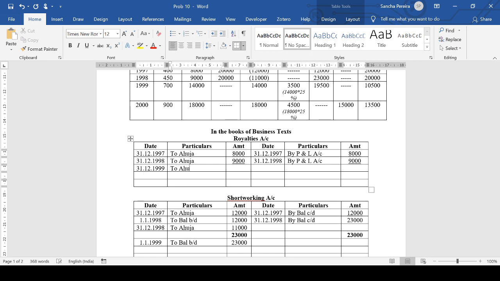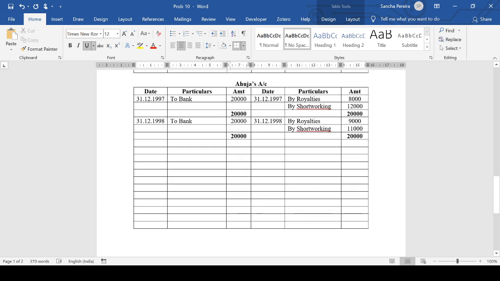So to Ahuja, the royalties are 14,000. So if we say royalties account to Ahuja, in Ahuja it's going to be by royalties 14.